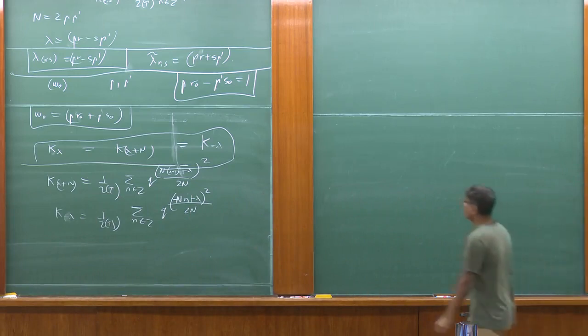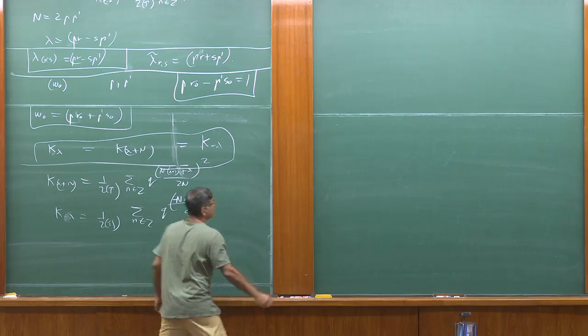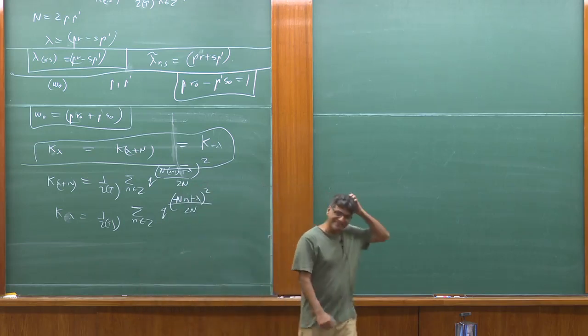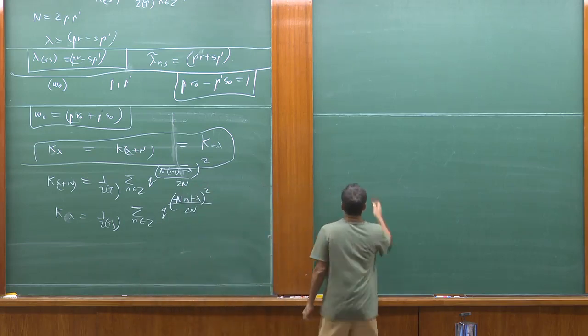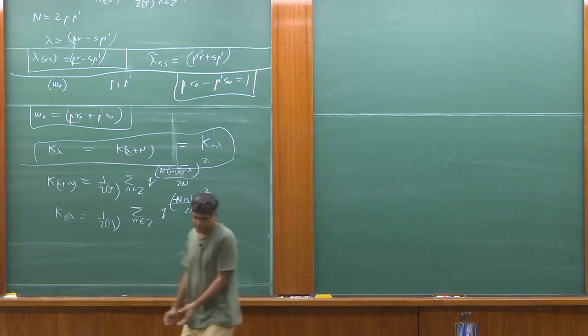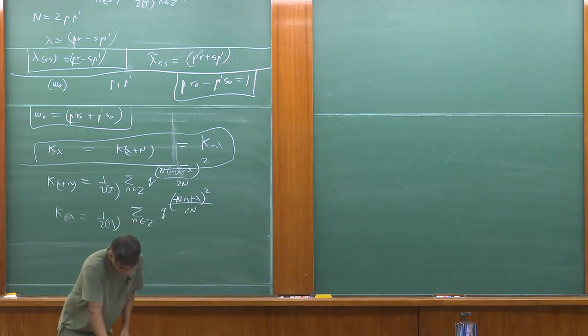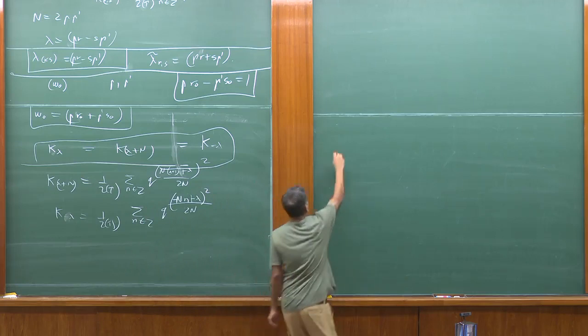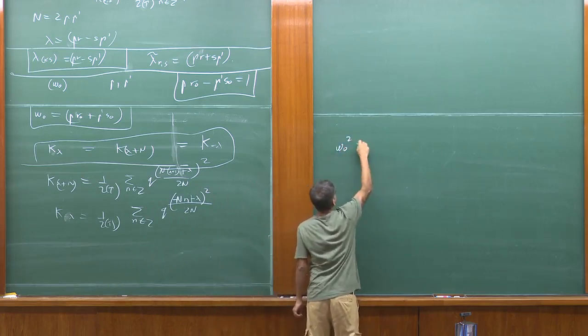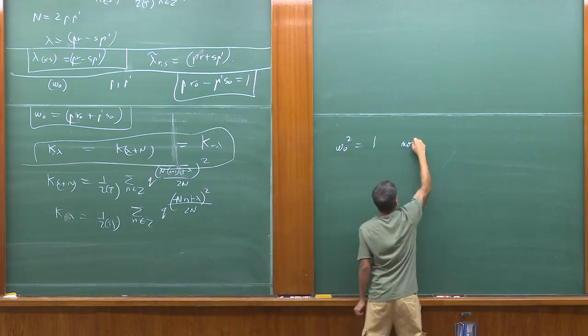Okay, so there are 2 or 3 identities we're going to try to prove about omega. First thing I want to show is that omega naught squared is equal to 1 mod n.